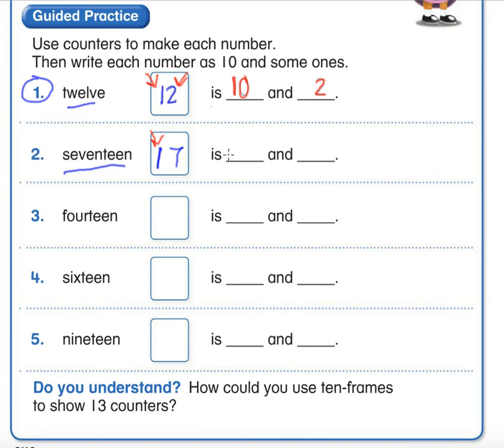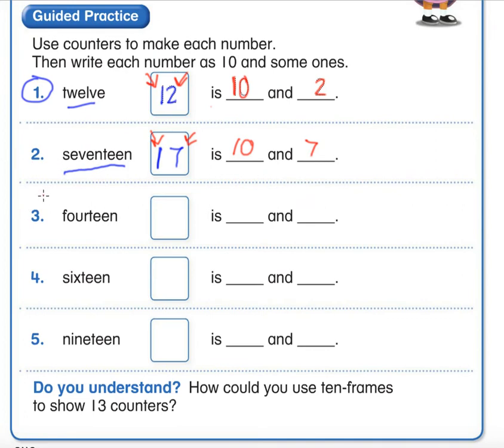So remember, it's 1 set of 10. So that means the whole 10 comes out, and it stands by itself as the 1 part. And then we look at our ones house. How many ones are in our ones house? Well, we have 7. So then we write the 7.